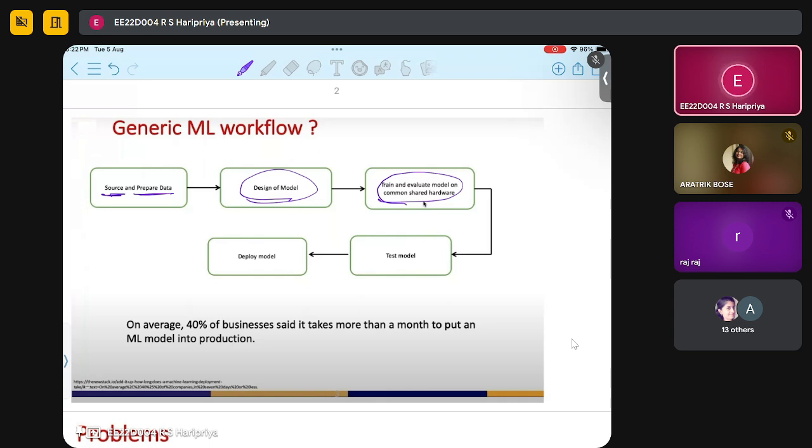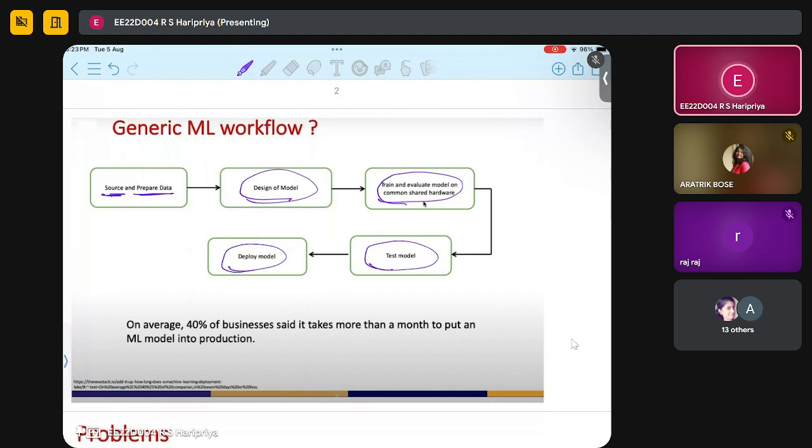It's like a big cluster shared among multiple users, say like DGX. So we should know how to use shared hardware. Once we train and evaluate the model using common hardware, we need to test the model and then deploy the model.